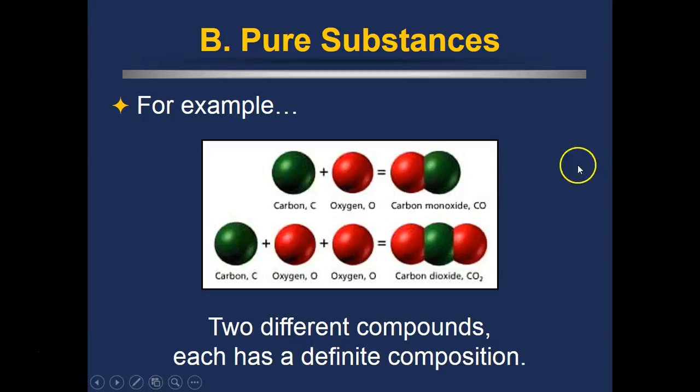And even though both molecules are made of both carbon and oxygen, when you change the number of the carbon and oxygen, you get two different compounds. So in our first compound, carbon monoxide, which is a poisonous gas, you have one carbon and one oxygen. In the second compound, carbon dioxide, you have one carbon and two oxygens, which is what we breathe out every time we exhale.